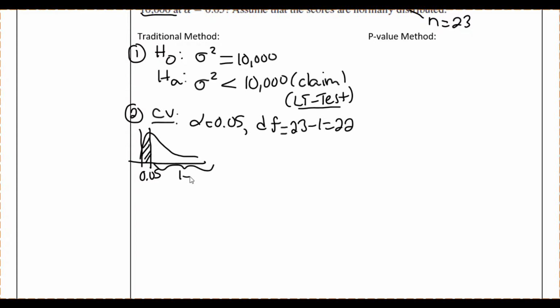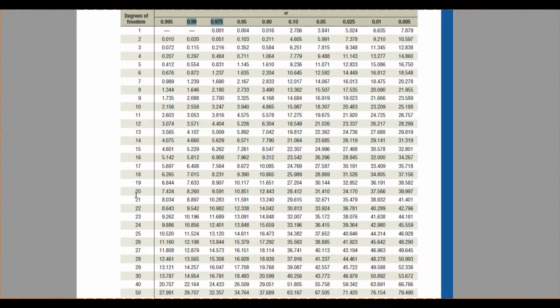So we need to look up 1 minus 0.05, which is 0.95, on the table to find our chi-squared value. If we go to the table, we've got 22 degrees of freedom and an alpha of 0.975, which means our critical value is 10.982.